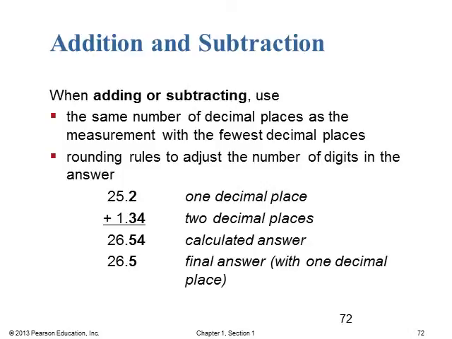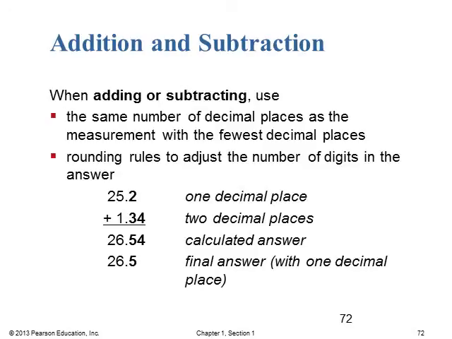Now, when we do adding and subtracting, these follow a separate set of rules, and so these are going to be determined by looking at the number of decimal places. So the number of significant figures is figured out by reporting the same number of decimal places as the measurement with the fewest number of decimal places.